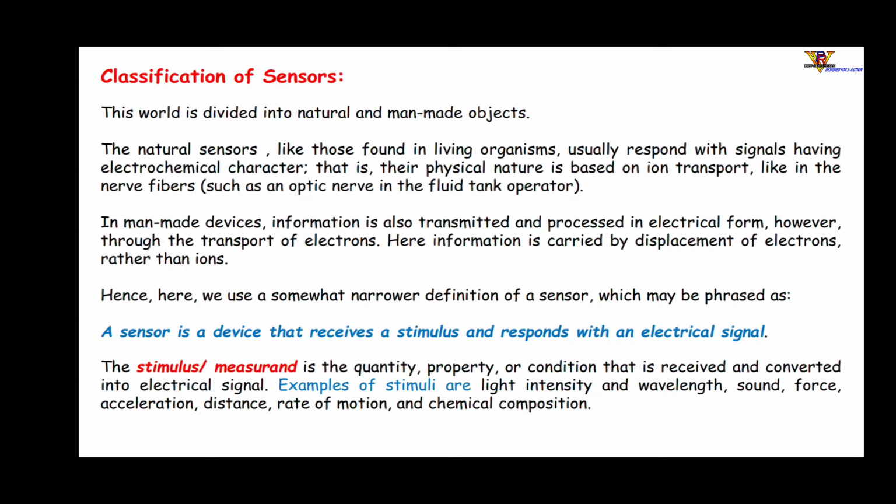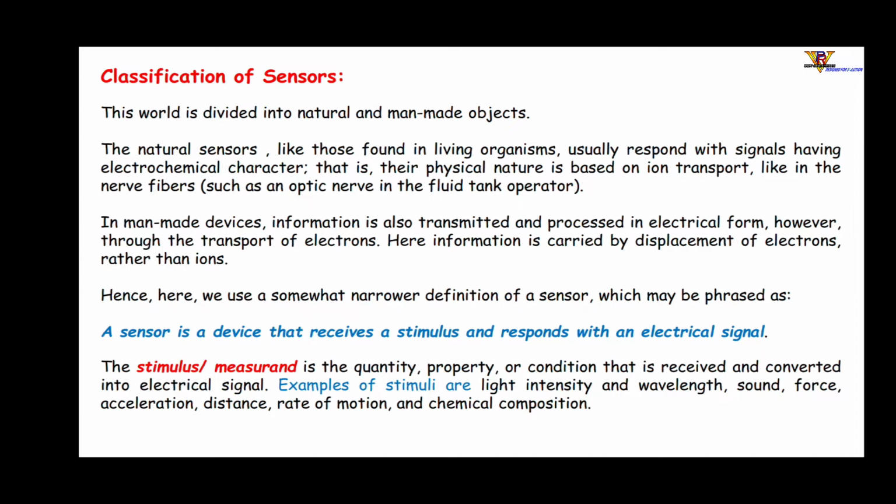It is based on ion transport, like in the nerve fibers, such as an optic nerve. So you know that natural sensors are found in living organisms. Our eyes can sense vision, our nose can sense smell, our skin can sense hotness or coldness of an object.